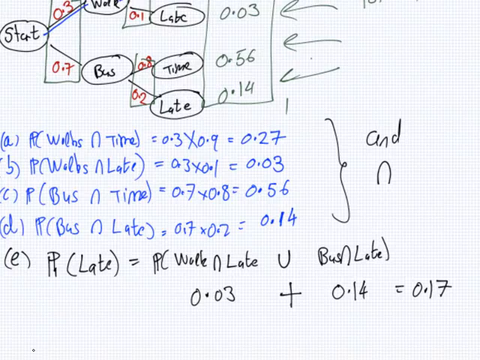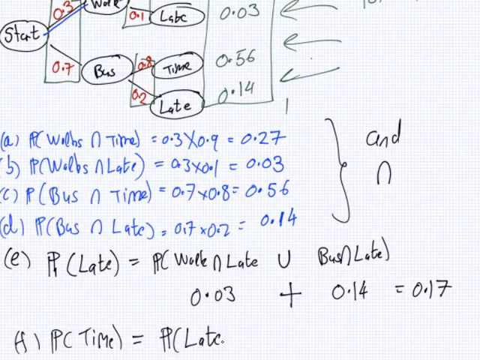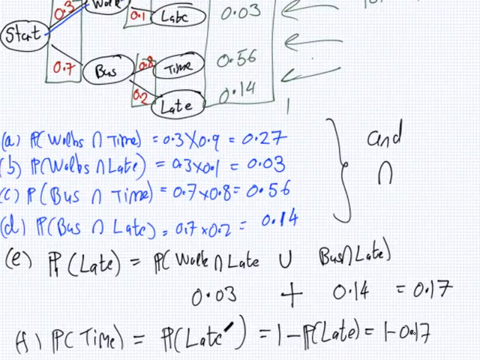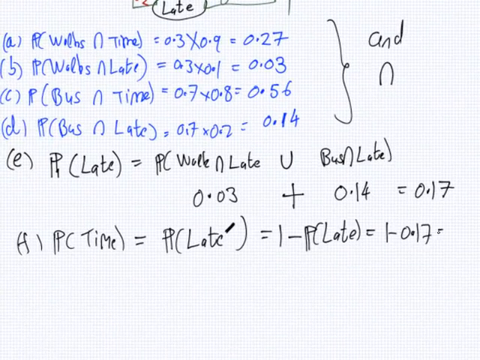Now, if I said to you, what's the probability that they're on time? Well, probability of being on time is the same as the probability of not being late, obviously, which is the same as 1 minus the probability of being late. Which is 1 minus 0.17, which is 0.83.